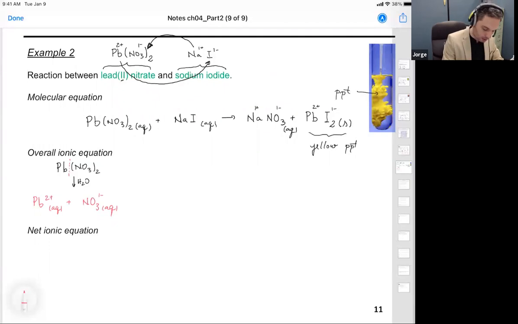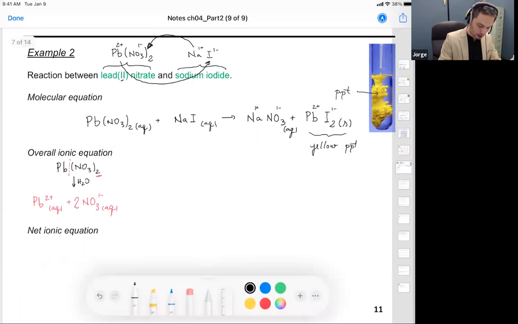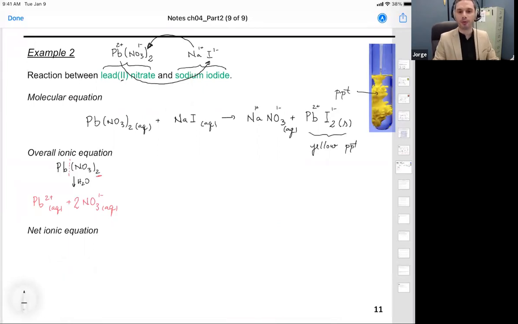Attention here, we have 2 nitrates to start with. We have to have 2 at the end. And we do the same thing for sodium iodide. Let's write sodium iodide. Let's dissolve this in water.